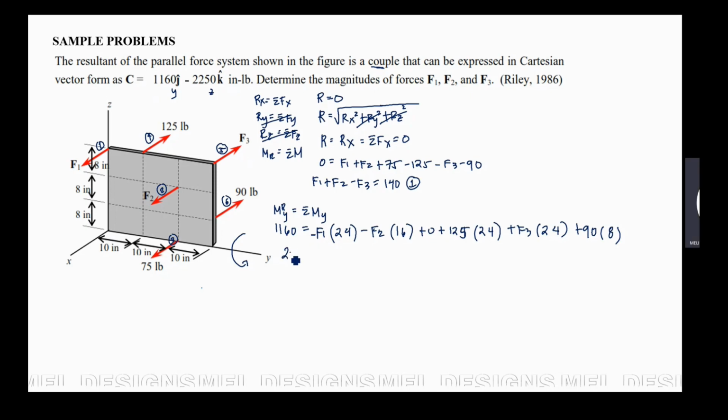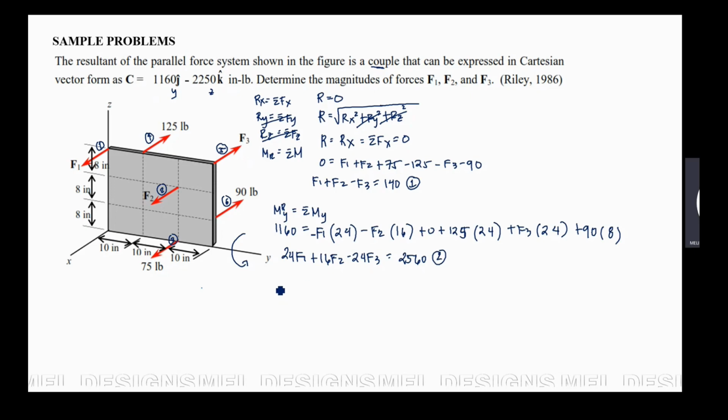So, we have here 24 F1 plus 16 F2 minus 24 F3 is equal to 2560. So this is now our equation number 2.